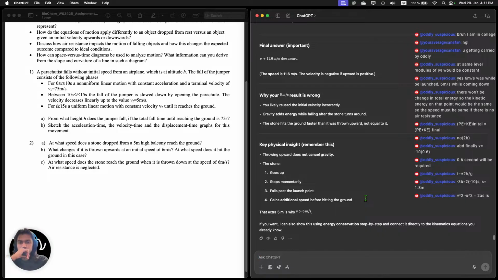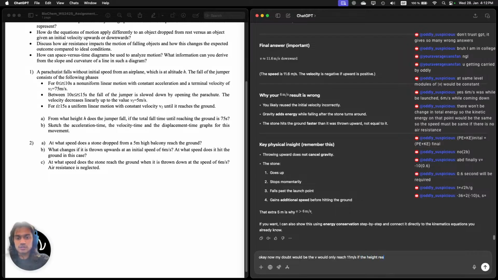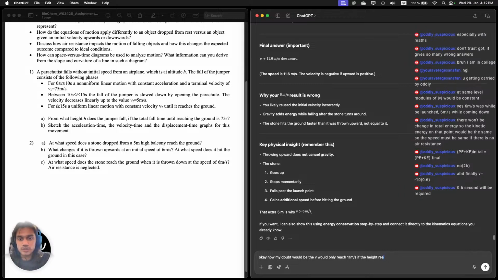Because now the v would only reach 11 meter per second if the height reached... Don't trust GPT, it gives you so many wrong answers. Yep, I would agree to that. Especially with maths.